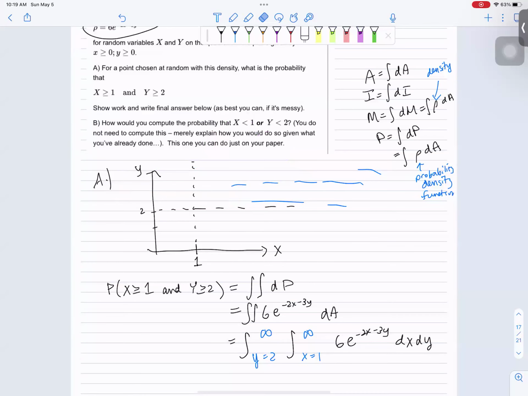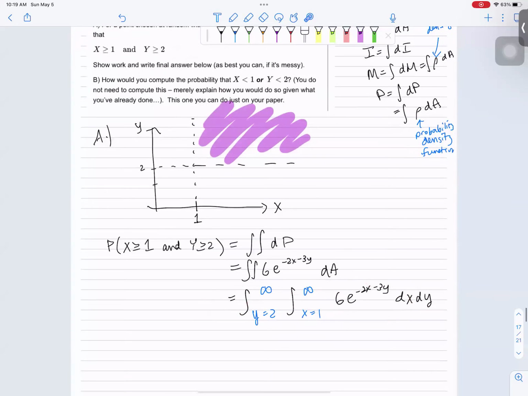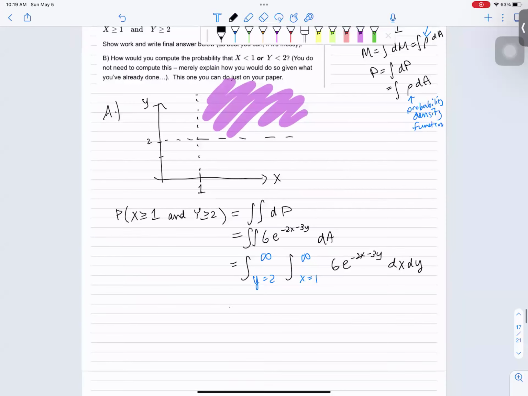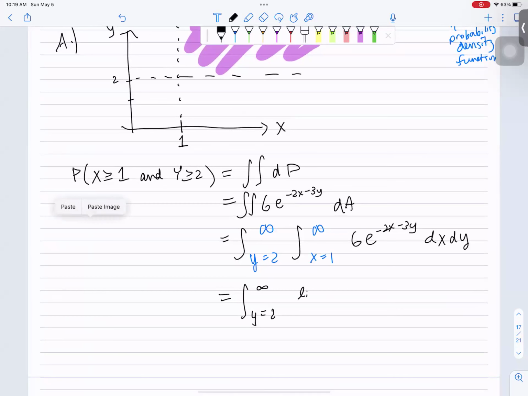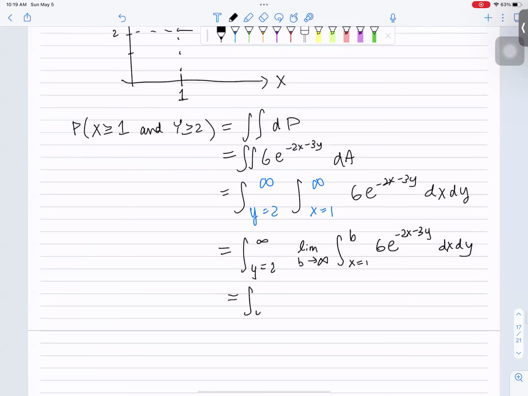Okay, so now I have, let me get rid of, okay, this is the region. All right, so now I have this, and I could do a bunch of integration. So how do you do integrals with the infinity stuff? I do the version where it becomes a limit. So, limit as b goes to infinity of the integral from 1 to b, 6e to the negative 2x minus 3y dx dy. All right, so when I do the integral with respect to x, what happens?